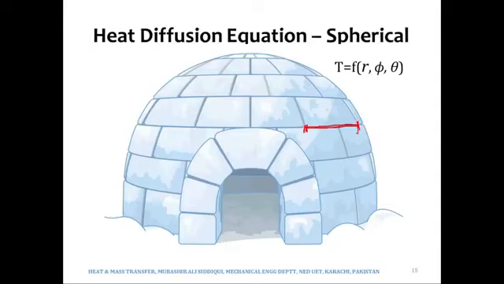That angle is one of the angles, theta and phi. Let's say it is phi. Whereas if you move in this direction, from this point to this point, that is also an arc, and this arc will subtend another angle at the center point of this sphere, and that angle is the second angle. You may call it theta. So radial direction, phi direction and theta direction.